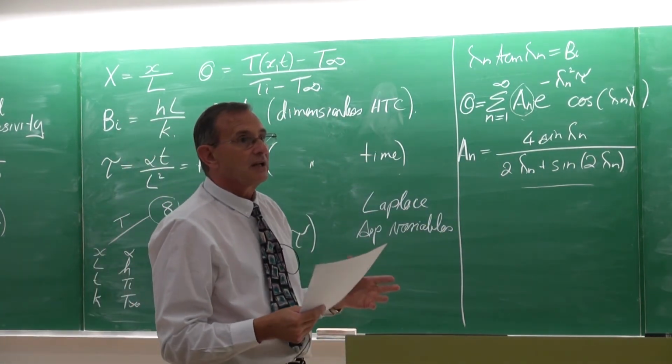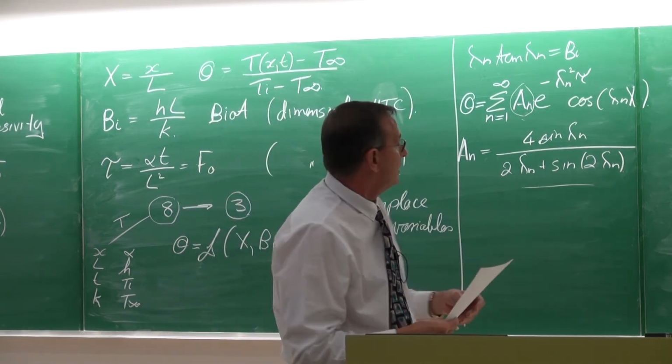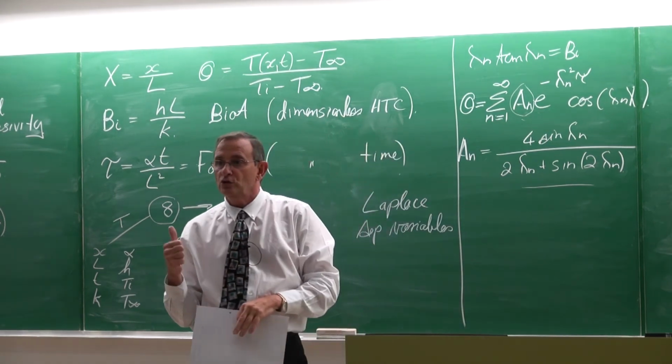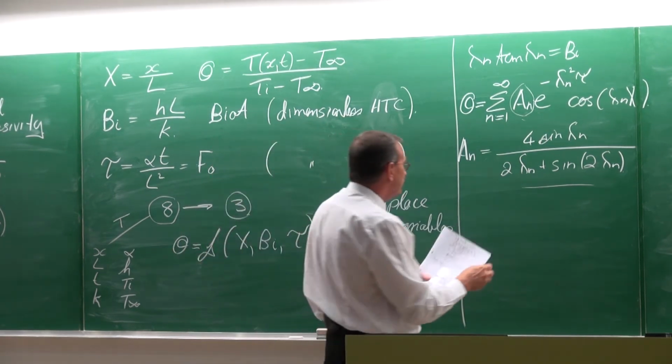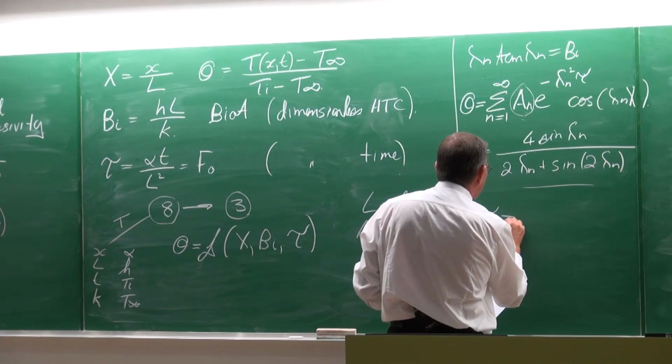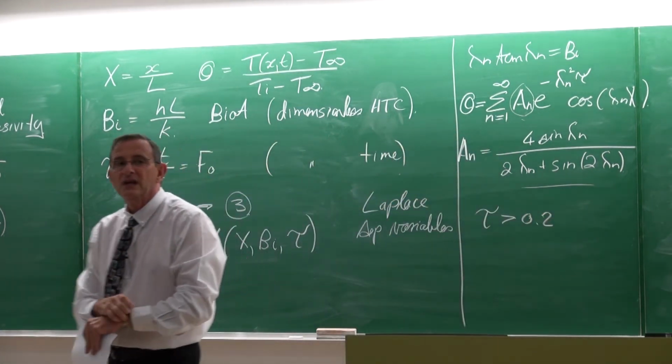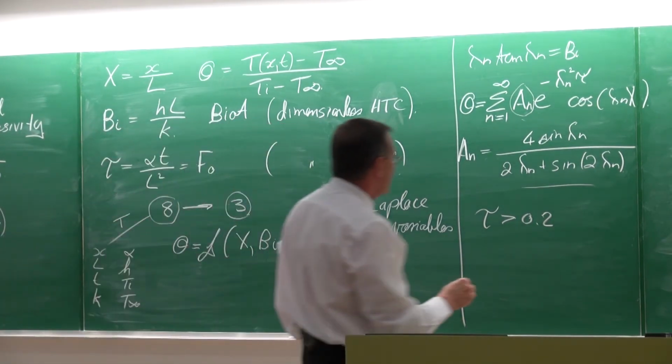So the question that's always asked is, when can I make the approximation and use n equal to 1 only? The answer is if tau is larger than 0.2. If tau is larger than 0.2, then the error will be smaller than 2%.